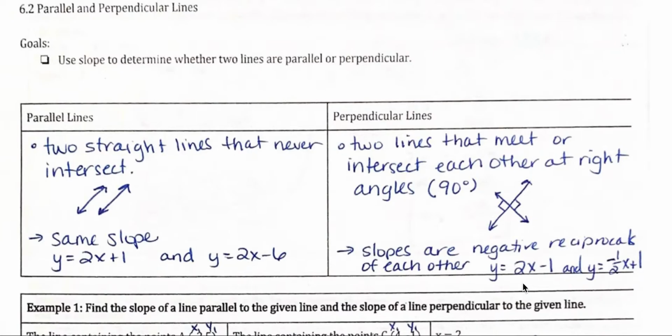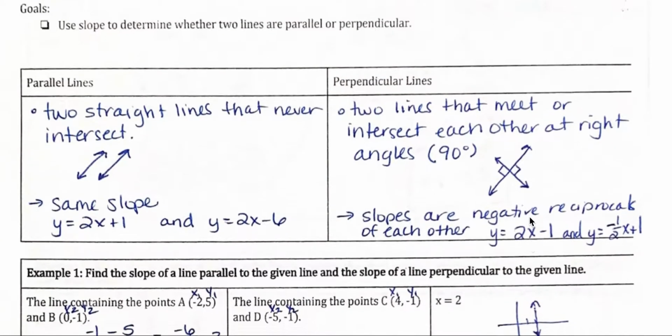Reciprocal means to flip it, and a negative reciprocal just means change the sign. So if it is positive, it'll turn into a negative. If it already is negative, it'll turn into a positive. So when I flip this and find the negative reciprocal of it, it becomes negative 1/2. These two are perpendicular and will come together and create 90-degree angles.